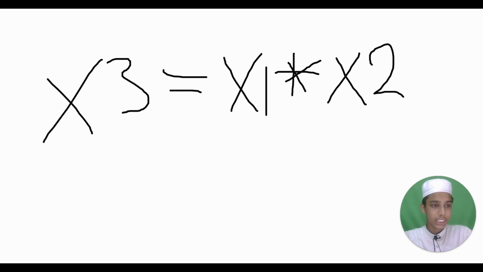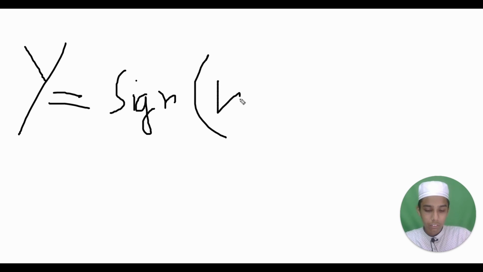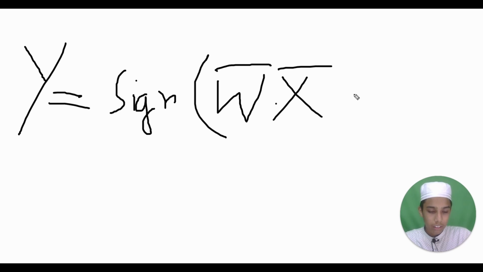First of all, let's draw. If you remember, some videos before, we used a formula in the code something like y equals sign of w vector into x vector plus b, right? If I show you that, it is y equals sign, and in the brackets it should be vector w into vector x plus b.